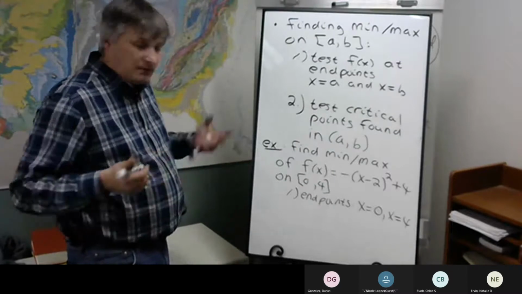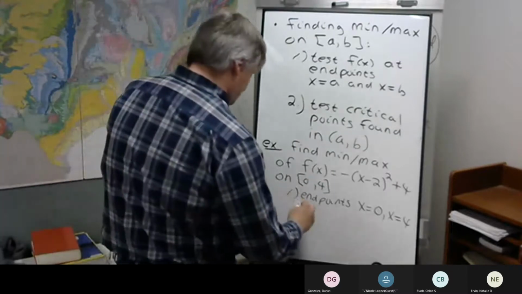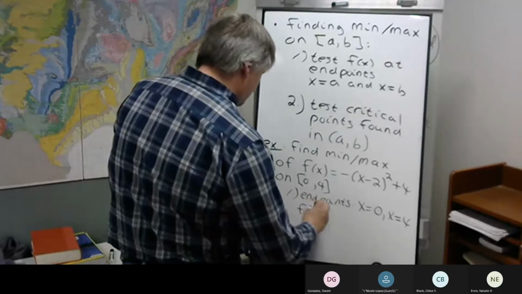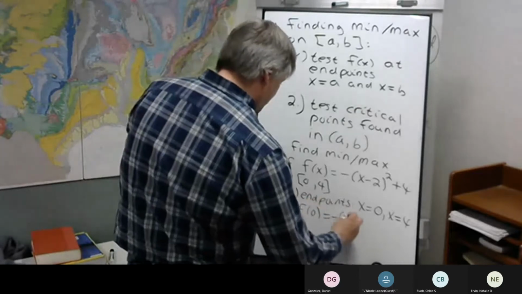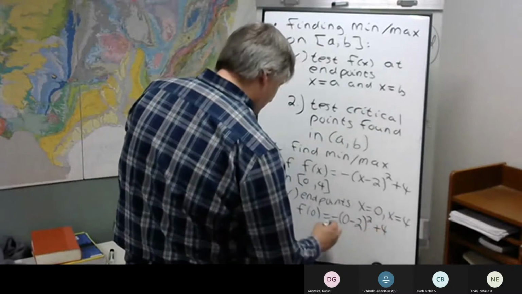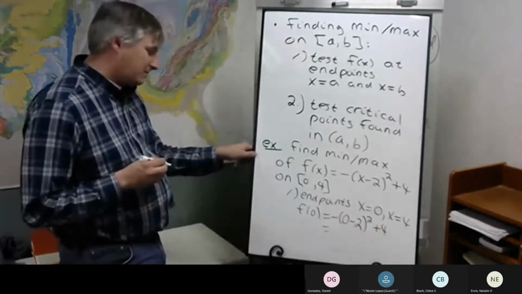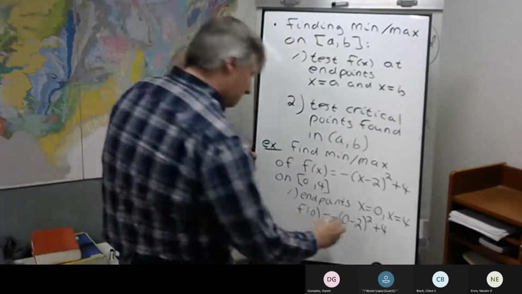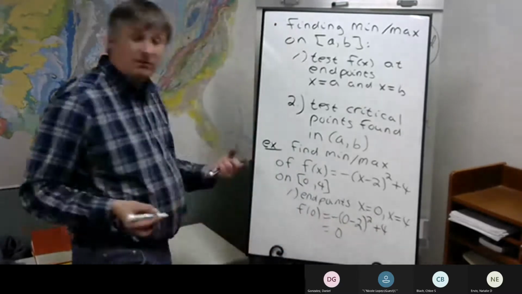So f of x, let's take a look at f of 0. It's -0 minus 2 squared plus 4. And if you hammer that out, you're going to get 0. So f of 0 is 0.